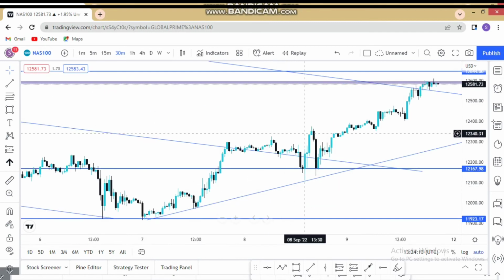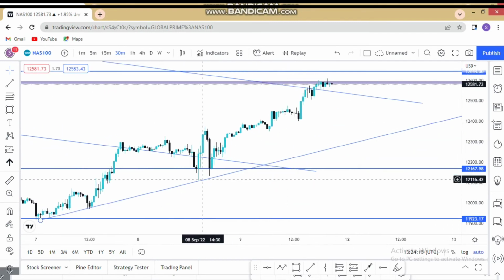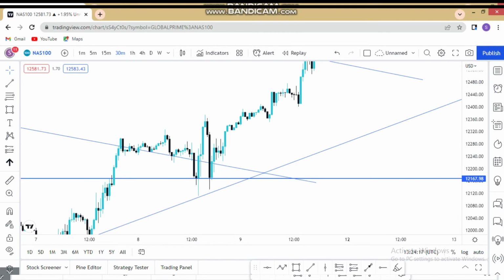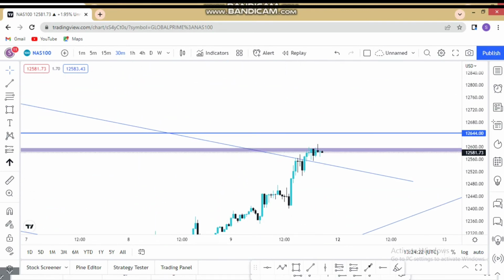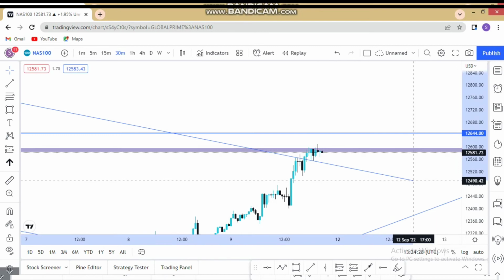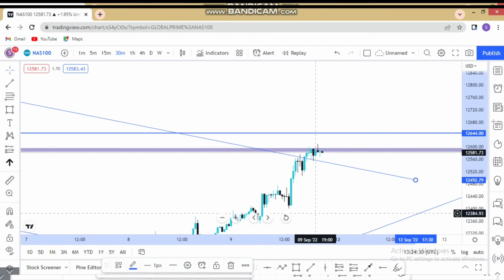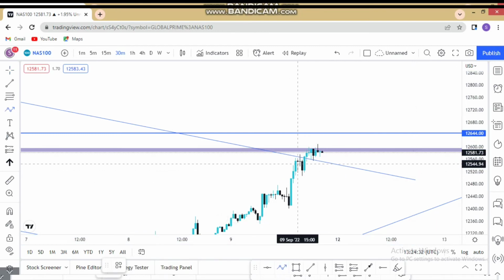if you can check, let me bring you closer. If you check from this point, NASDAQ broke out from the trend line. After it broke out from this trend line, here's the breakout.